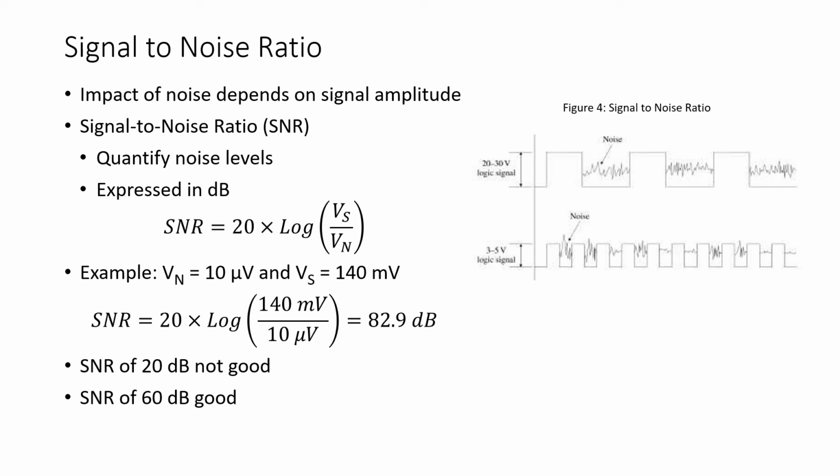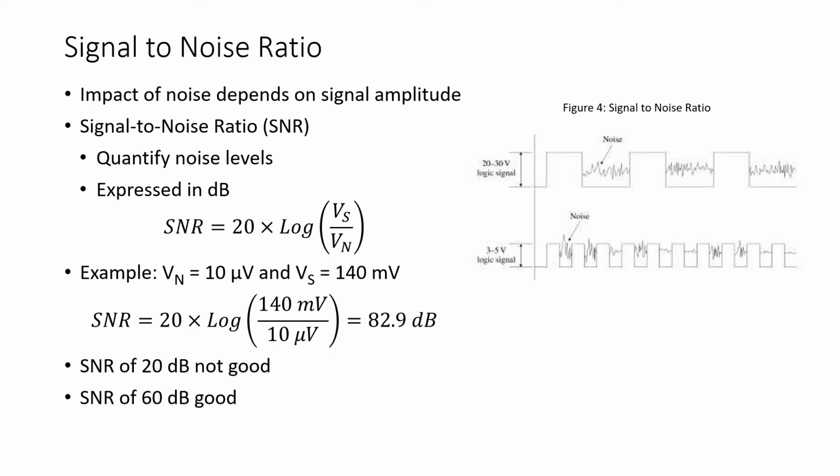Mathematically, the signal to noise ratio is 20 times the log of the signal voltage with respect to the noise voltage. For example, if we have 10 microvolts of noise voltage and 140 millivolts of signal, then the signal to noise ratio would be 82.9 dB.